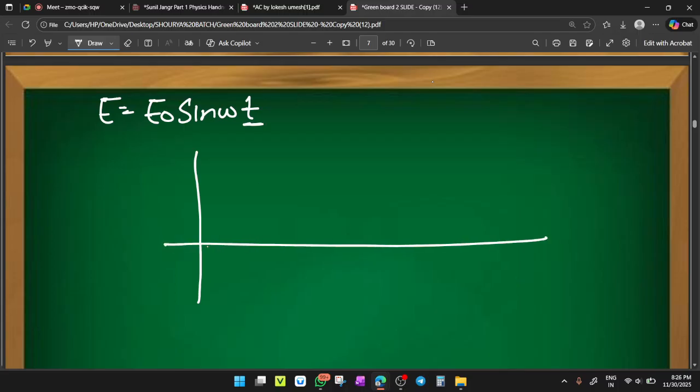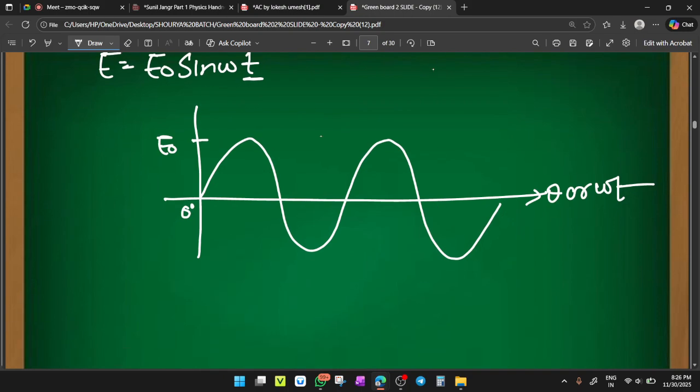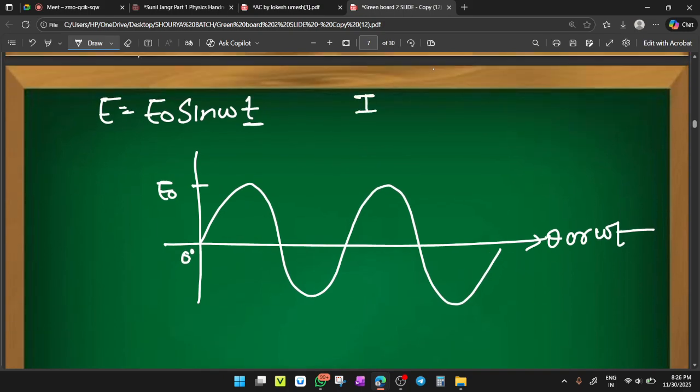So E equals E naught sin omega t. Obviously, the sinusoidal wave starting from t equals 0 will look like this, having the maximum value E naught, started at theta equals 0, or omega t equals 0. Now for the current, we have the relation I equals I naught sin(omega t plus pi by 2).